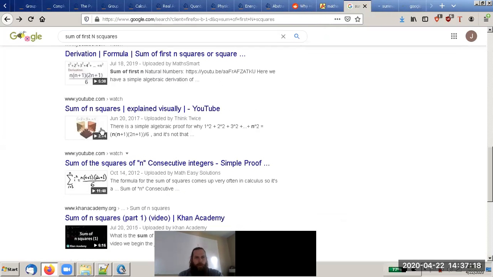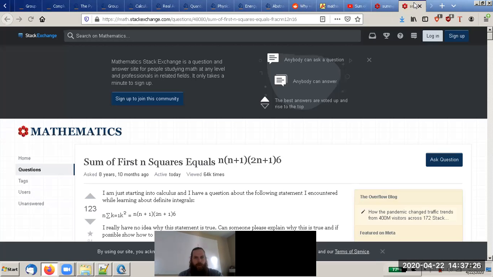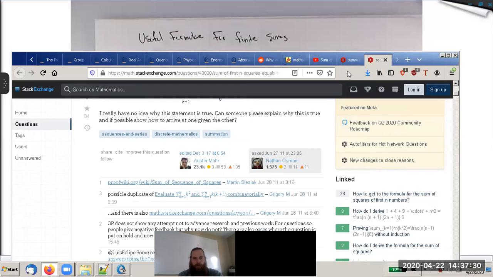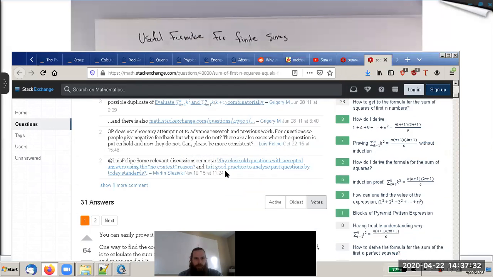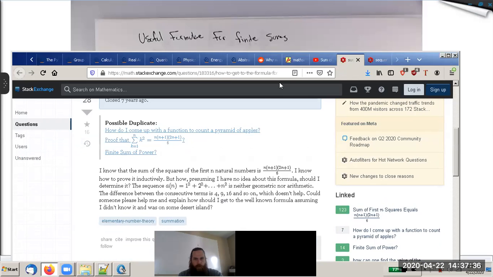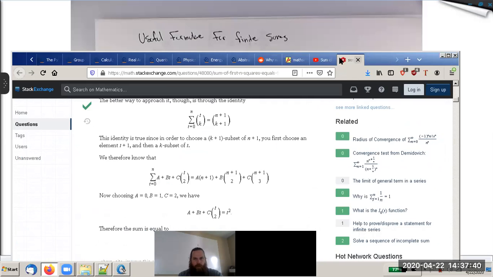The way I usually prove this when I need to is by mathematical induction, but that's not something we have handy. Yeah, no, these are all using heavier duty stuff. That's the same as the last one.